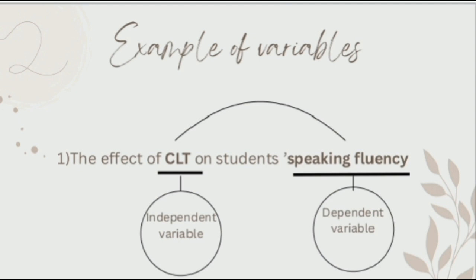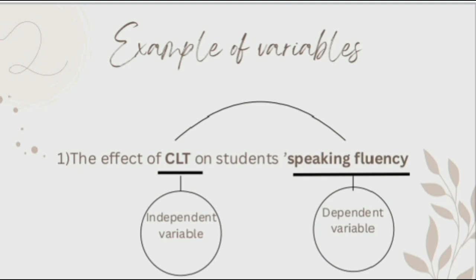I told you that we can change our independent variable. If speaking fluency is not improving through CLT, we can change the method. I can replace the method from CLT to GTM, the grammar translation method, which is the traditional method.